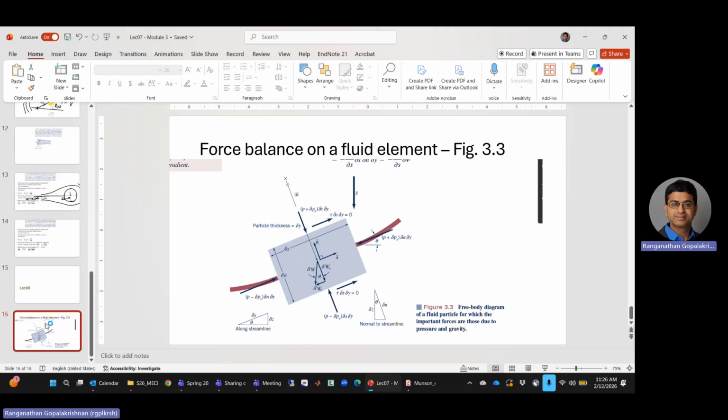Let's say its sides are given by delta S, the distance measured along the streamline, and delta N, the distance measured perpendicular to the streamline. With me, this is the rectangle. It has two sides, delta S and delta N. Delta S being the side along the streamline, delta N being the side measured perpendicular to the streamline.